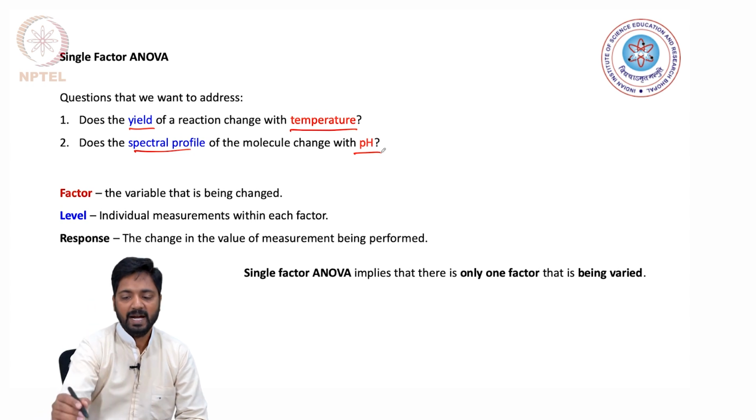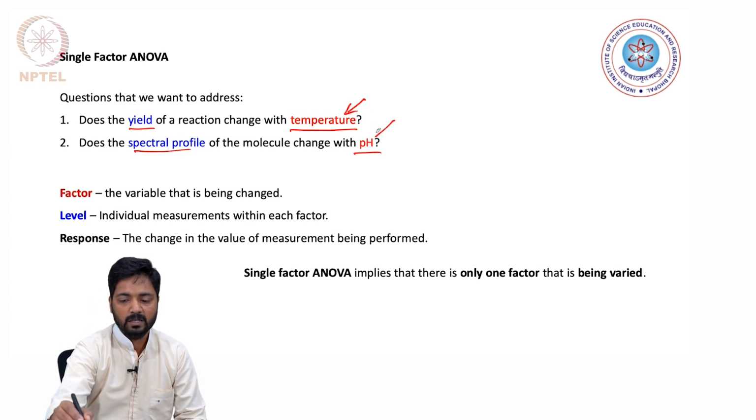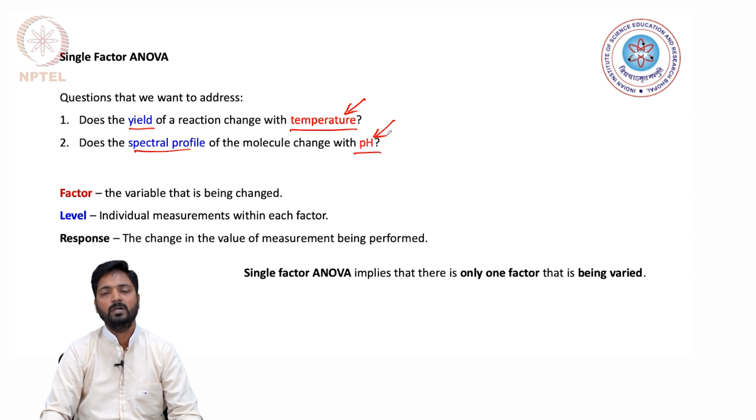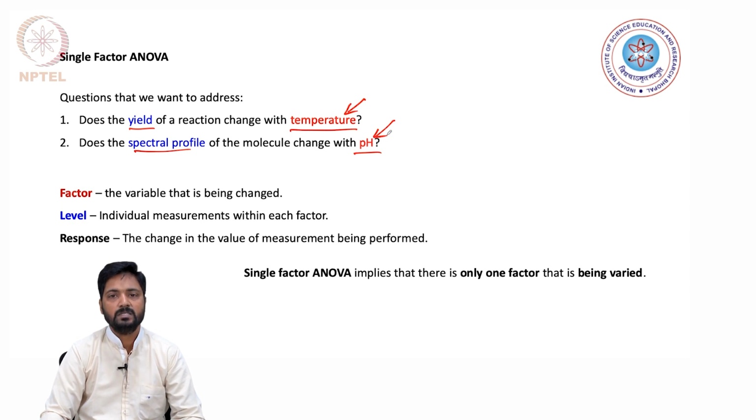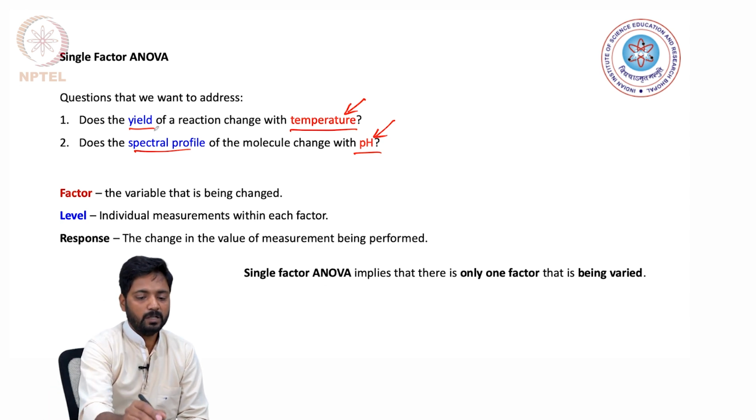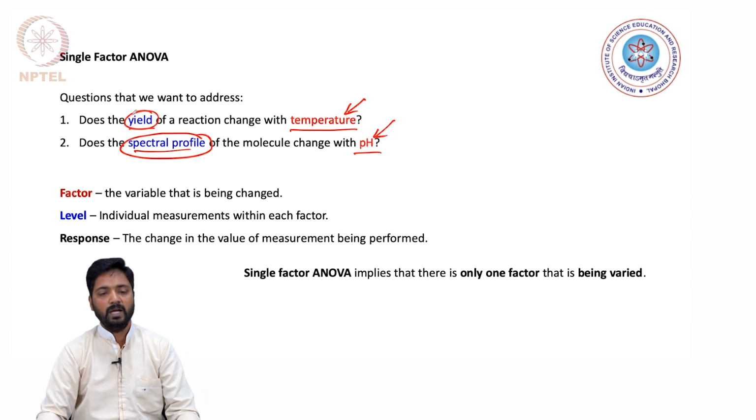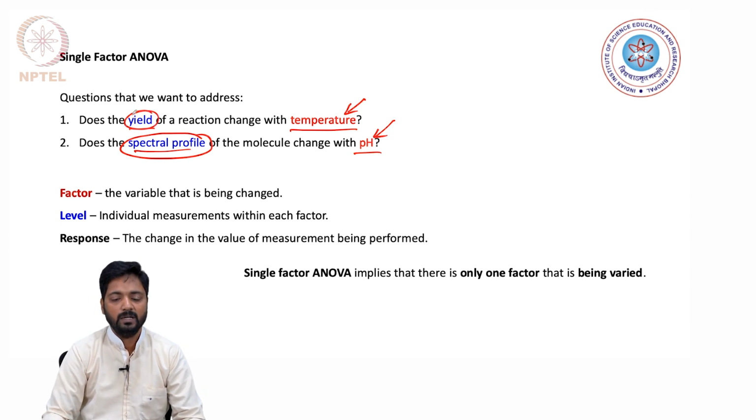So the terms highlighted in red here are our variable, and this is also known as the factor in analysis of variance. So the factor is being varied in our analysis, and what we do is we have the spectral profile or the yield of the reaction as the different levels.